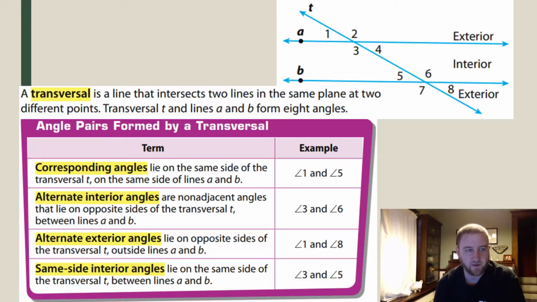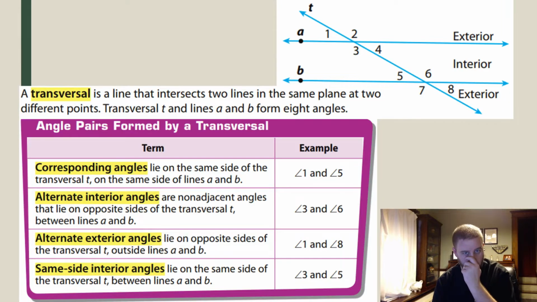Now there's a couple of different angle pairs that you need to remember. For example, corresponding angles are angles that lie on the same side of the transversal, either the right or the left side, and on the same sides of line A and B, so the top side or the bottom side of each line.